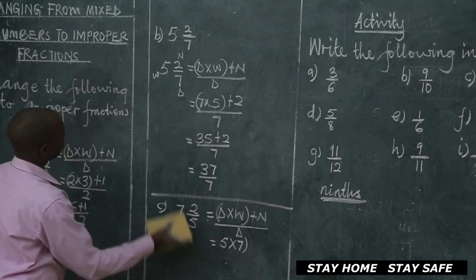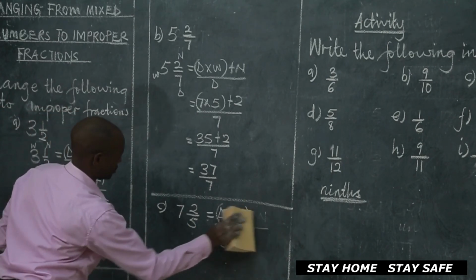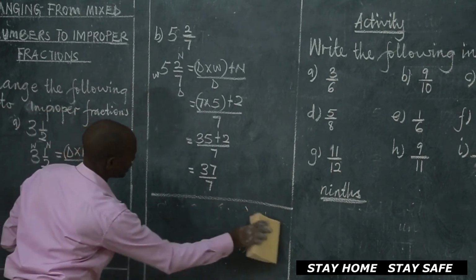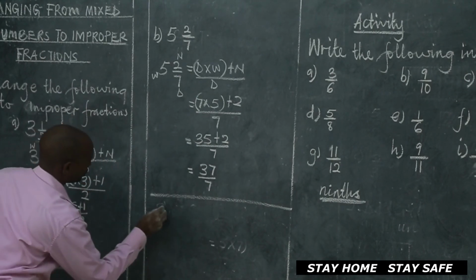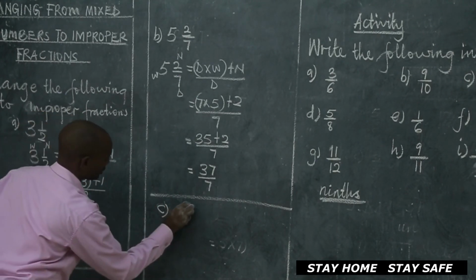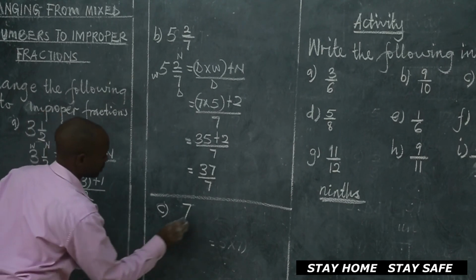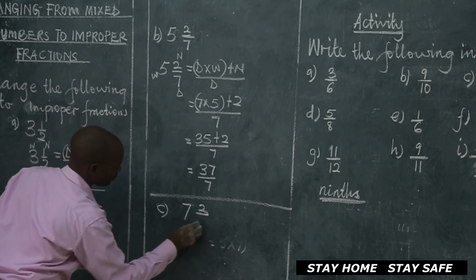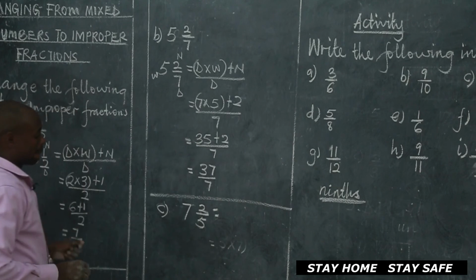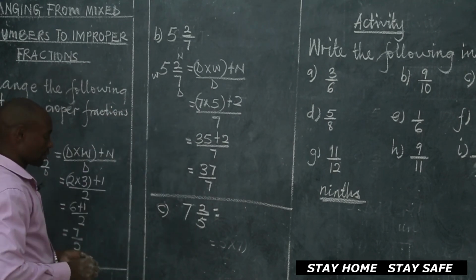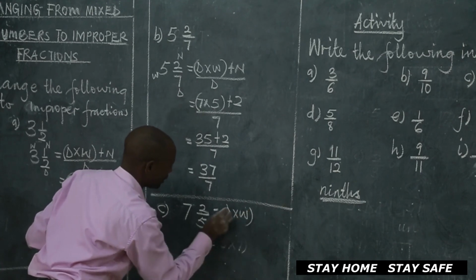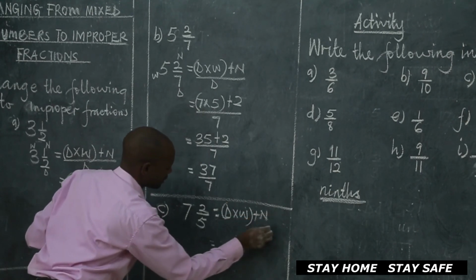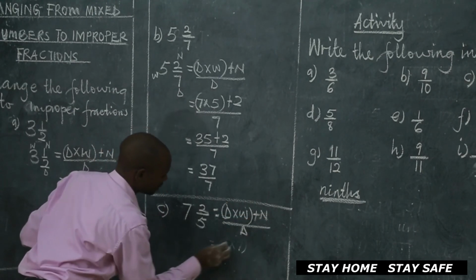Do you realize that this one is similar to this? We have already done the same here. So we shall have 7 whole numbers, 2 out of 5. This one is different now. So we shall have denominator times whole number plus numerator divided by denominator.